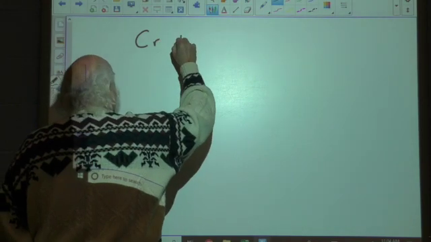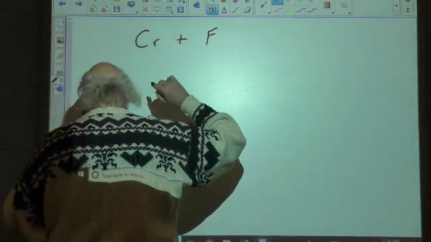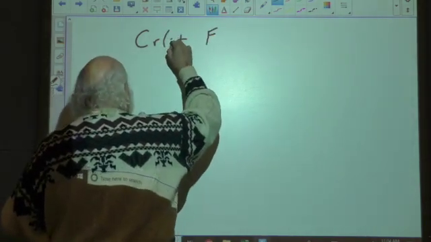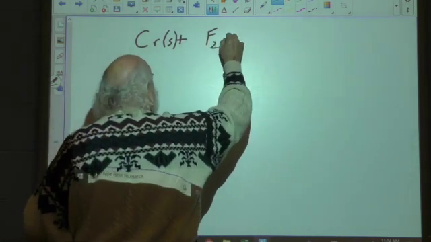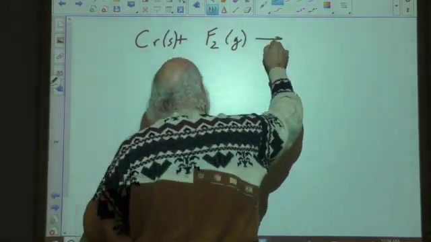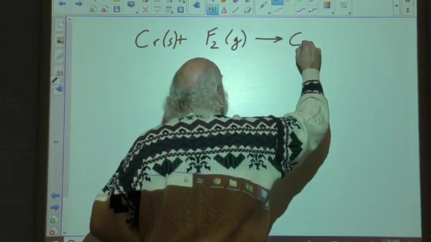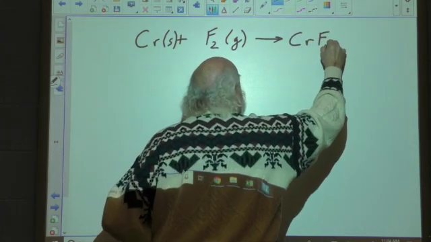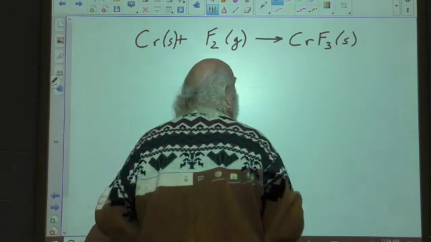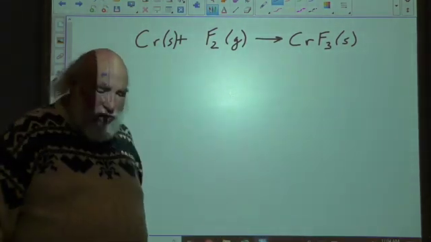Chromium plus fluorine. Chromium is a solid, plus fluorine is a gas, and this creates chromium 3 fluoride, which is a solid. It's an ionic compound, so it's a solid.